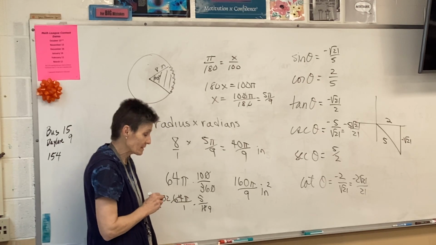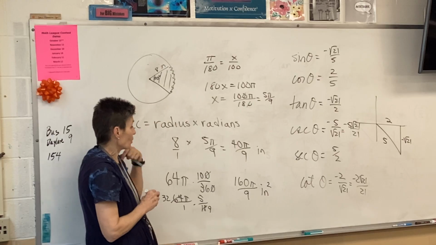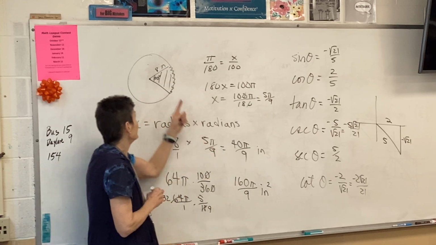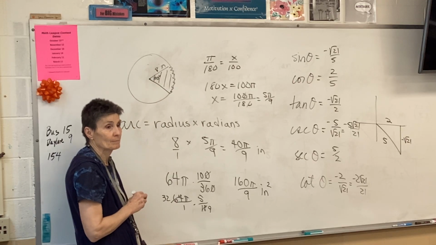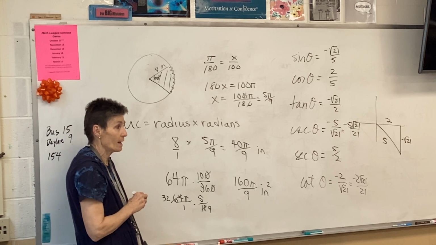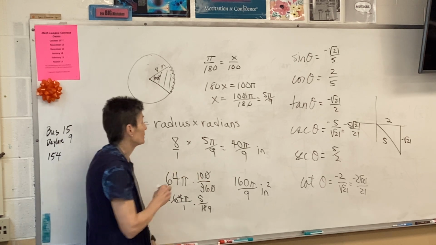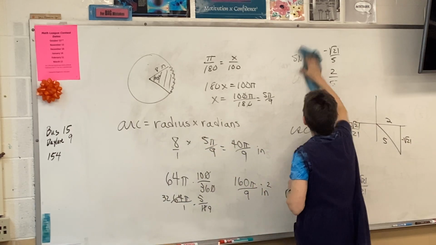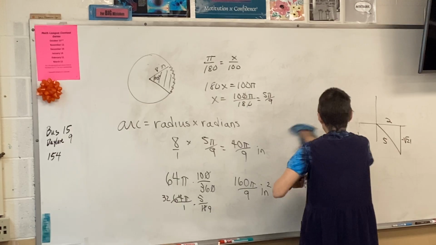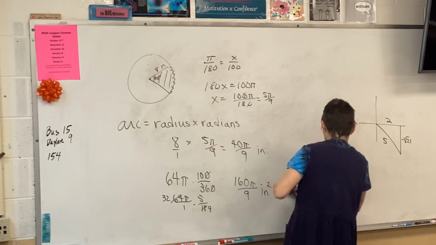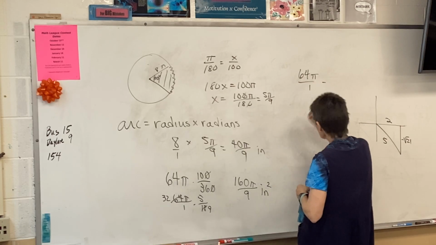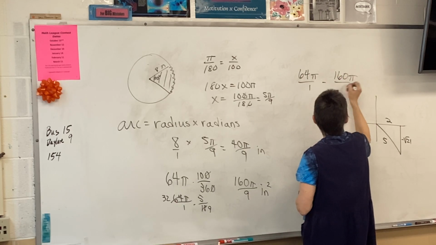And then finally, what's the area of the rest? So if I ate this much right here, what would be left for you to eat? 64 pi minus that. So 64 pi minus 160 pi over 9.